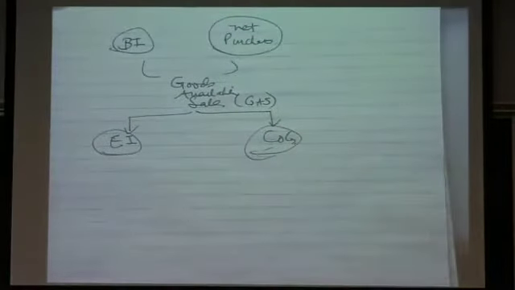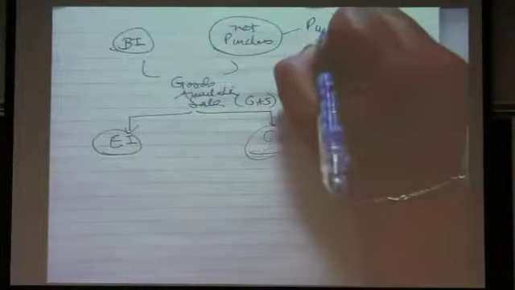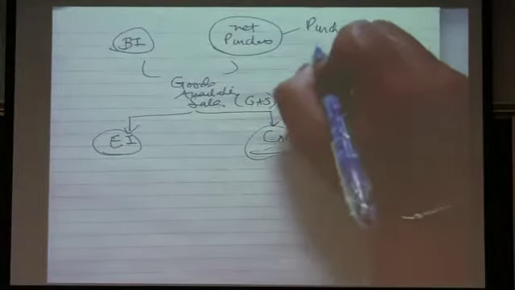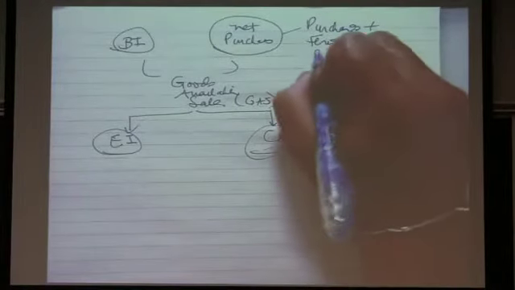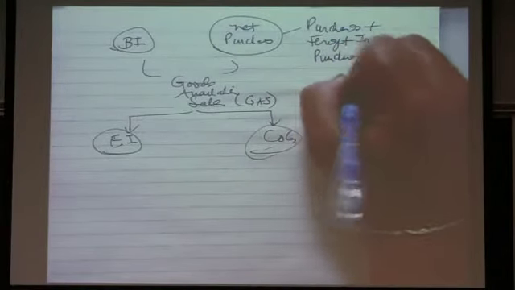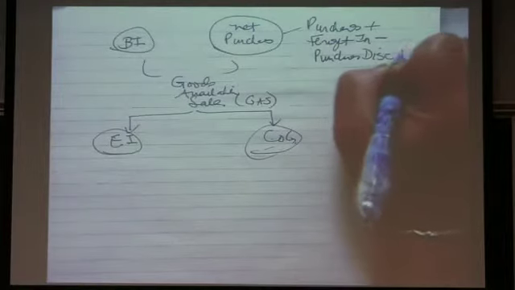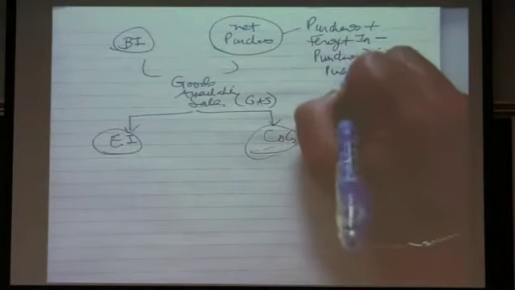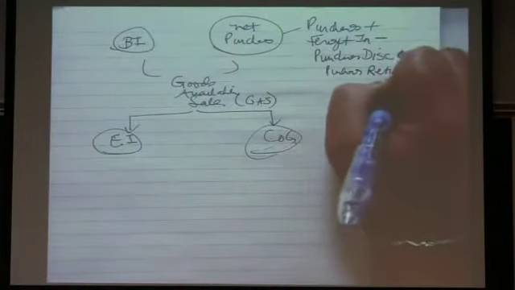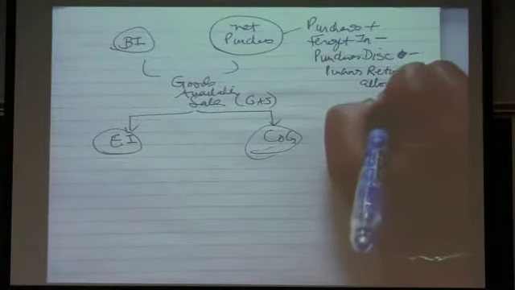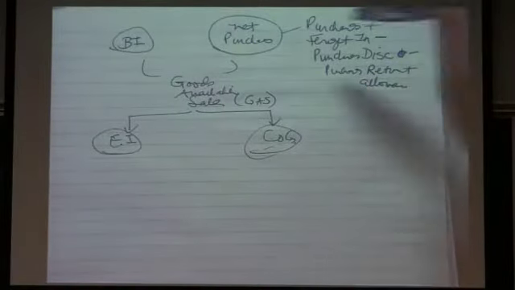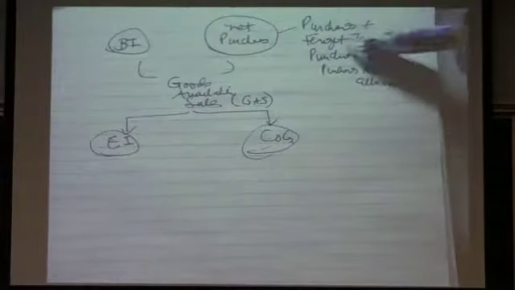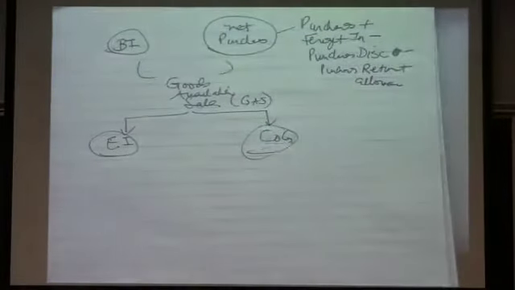So we know that this is purchases plus freight in, less purchases discounts, and less purchases returns and allowance. These are what makes up purchases. We saw that in the previous videos. So every time we buy, we're only recording it at the various accounts related to purchases.